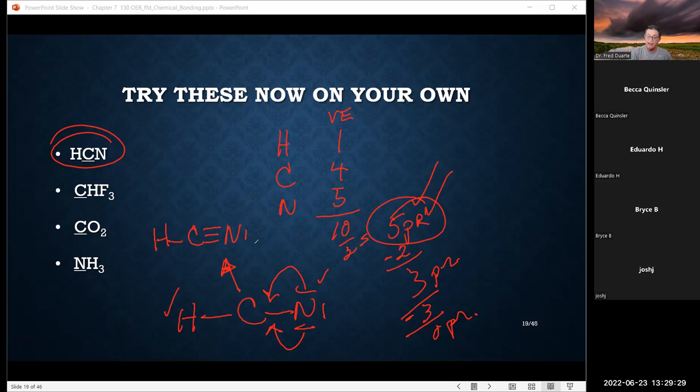Point being, there's 8 electrons around nitrogen, so nitrogen's okay. We already did hydrogen, we're aware of that. So let's go check carbon. Carbon has 1 pair that is shared with the hydrogen and 3 pair that are shared with nitrogen. So carbon is also stable now. So that is the structure of what we have.